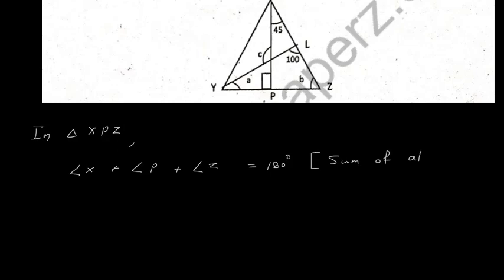In triangle XPZ, angle X plus angle P plus angle Z is equal to 180 degree. This is the sum of all angles of a triangle.